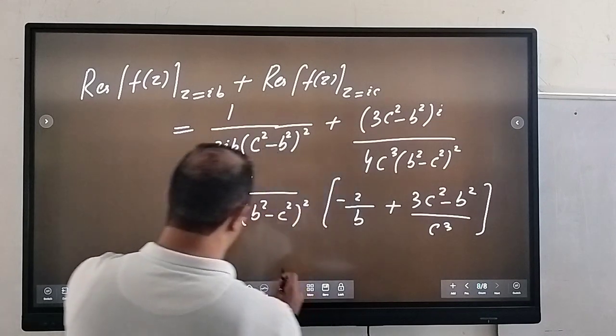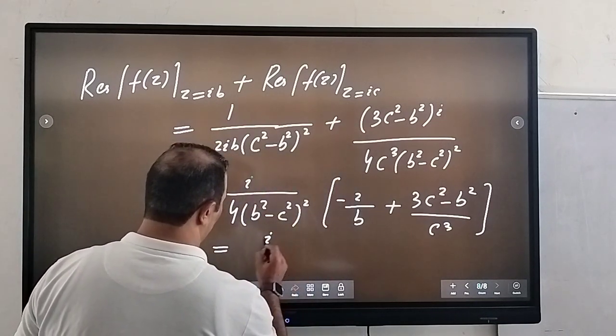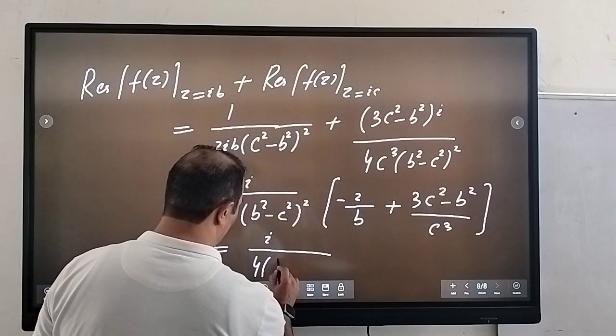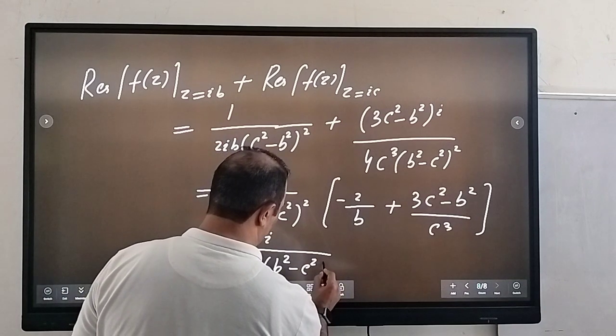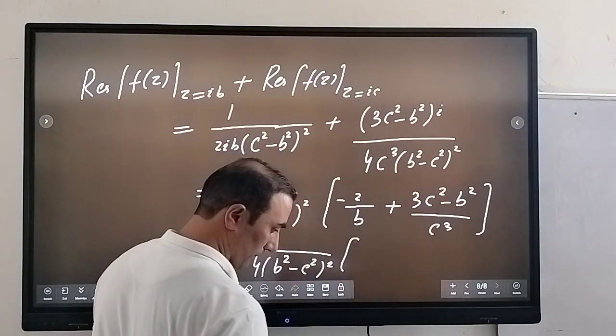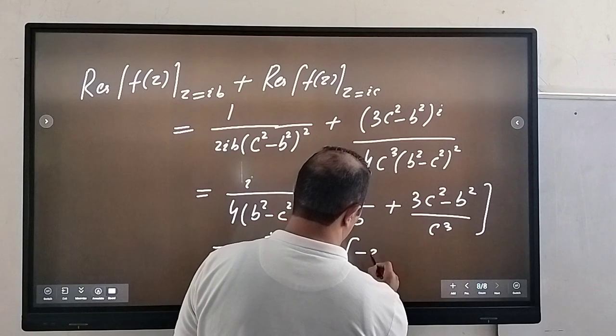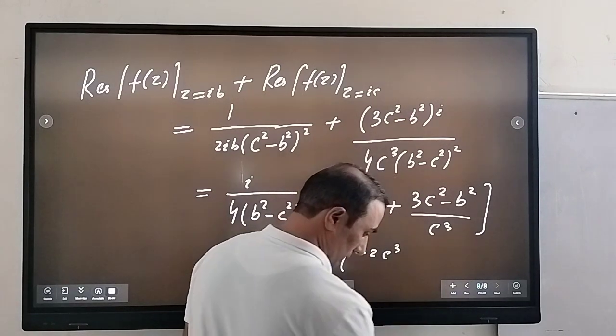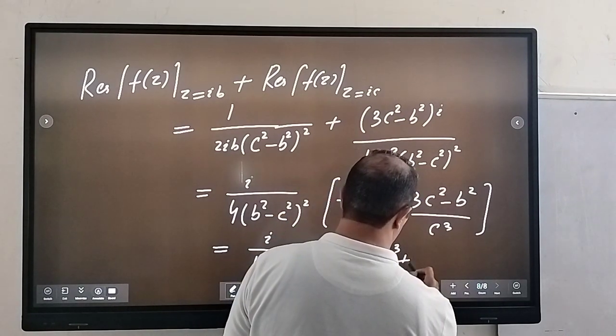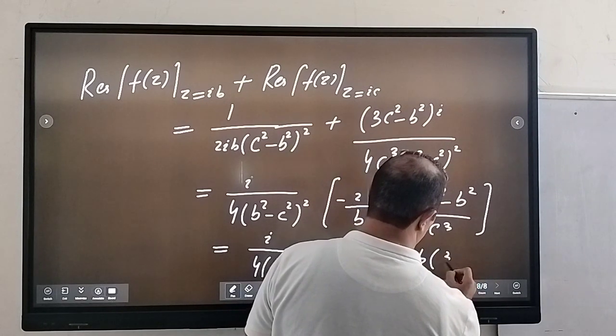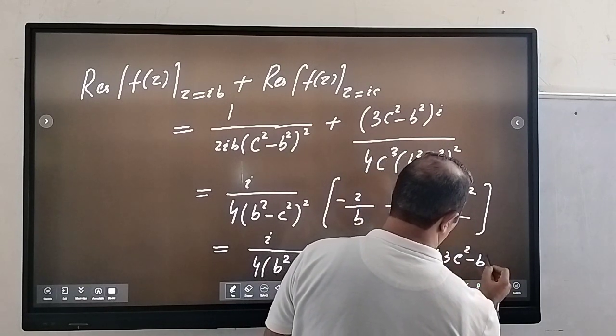Or you can rewrite this as iota divided by 4 into whole square, that's minus 2c cube plus b into c square minus b square.